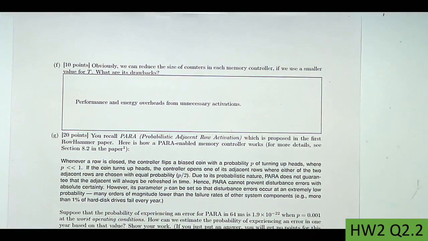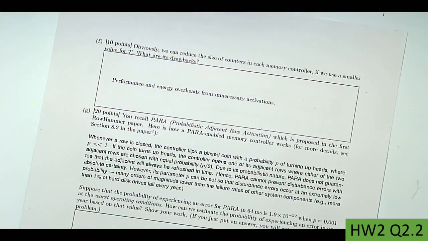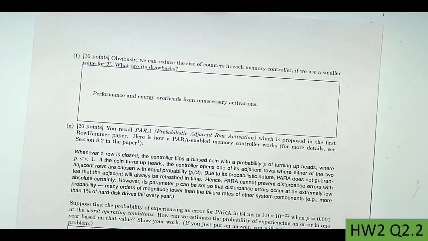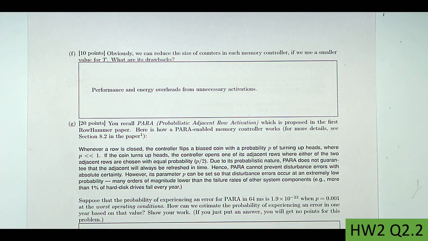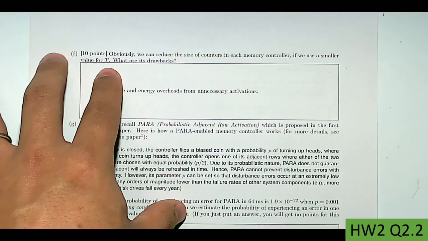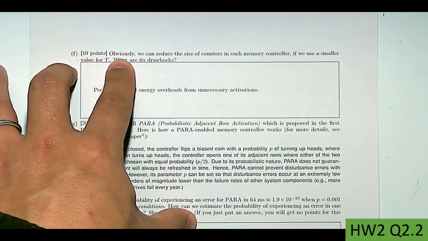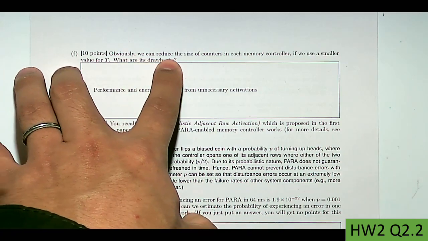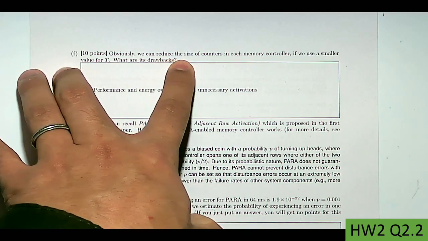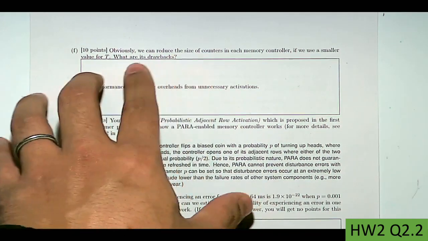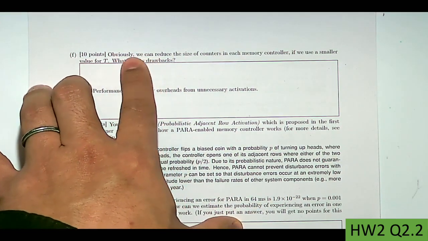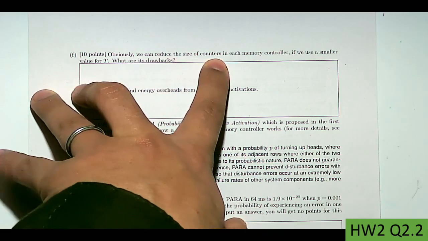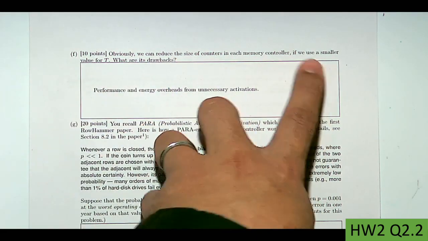The reason why we use the maximum threshold value is to minimize the performance overhead. This question is asking about the goal of using the maximum threshold value. Obviously, we can reduce the size of the counter in each memory controller if we use a larger value of t.